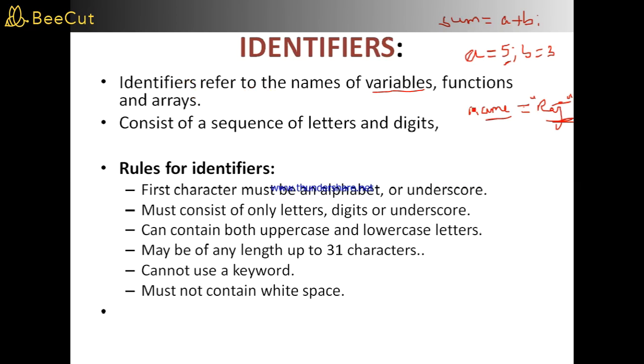I hope you understood what I mean. Name is the variable that holds the value Raj. Then there are also functions and arrays. We'll discuss these topics later. In general, identifiers are the names of the variables. Identifiers may consist of letters or digits. There are rules for writing identifiers. Identifiers are a combination of letters and digits.